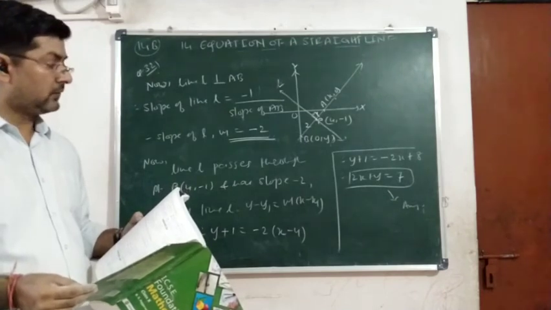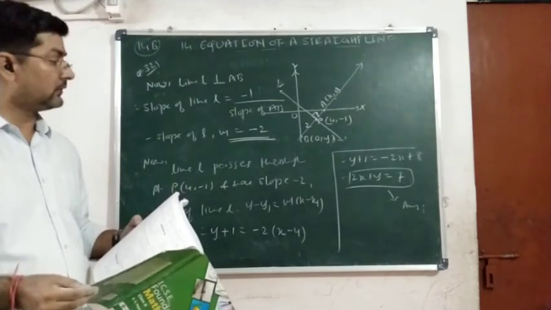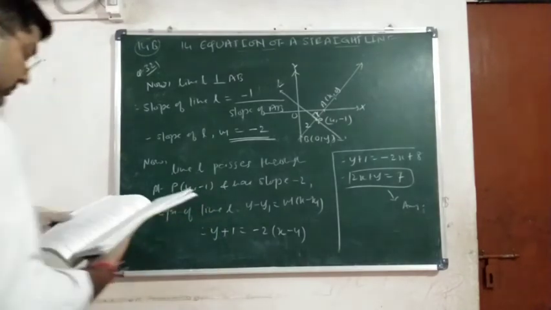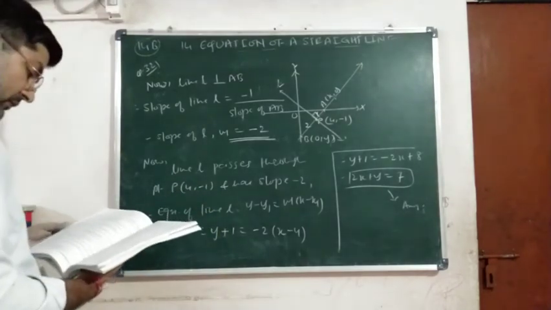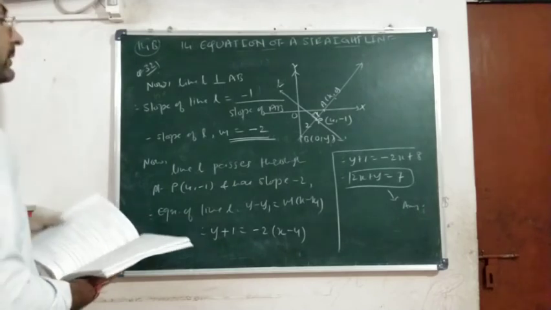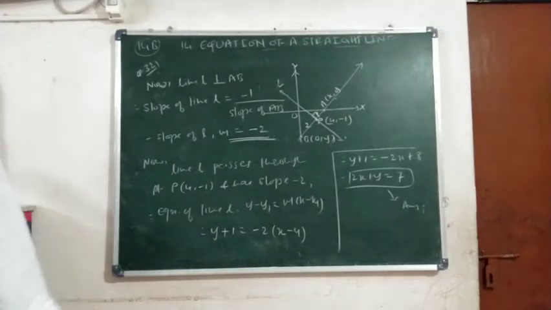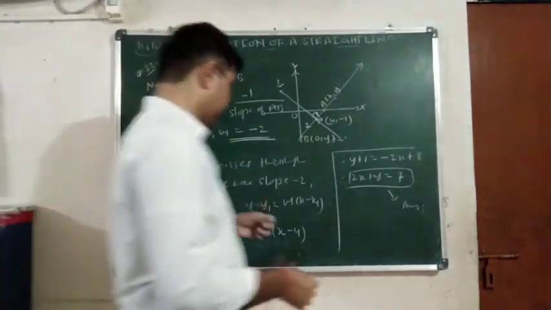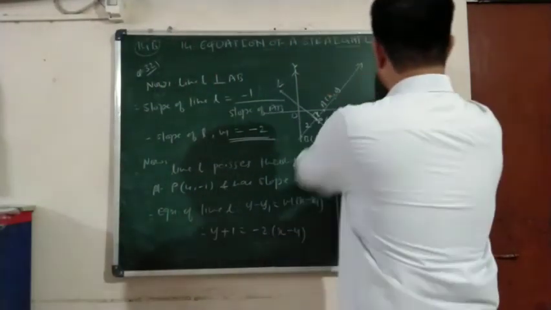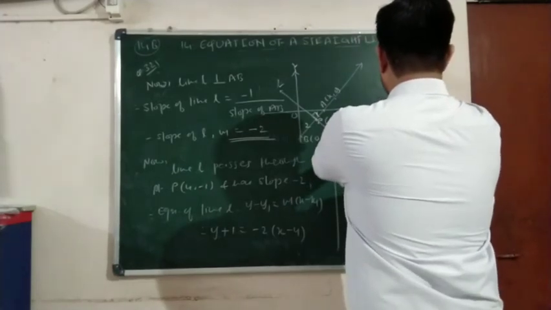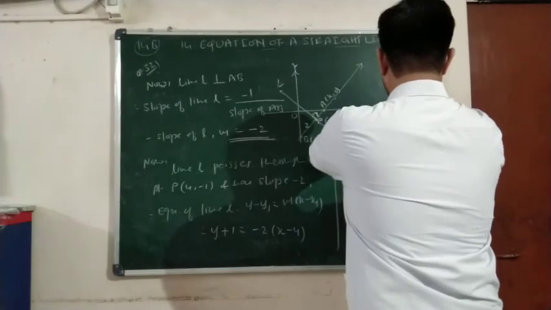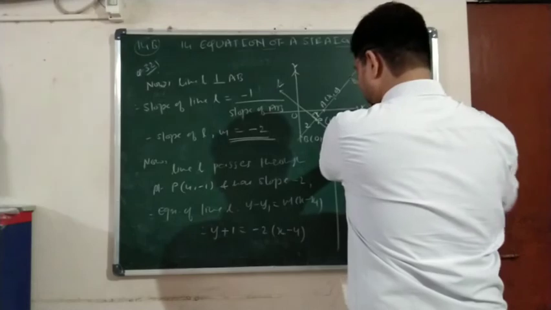The book's answer is x plus 2y is equal to 2. So what is the mistake? Let us find out. Have we calculated the slopes properly? The coordinates were 6, 0 and 0, minus 3. So y2 minus y1 upon x2 minus x1 gives 1 by 2.